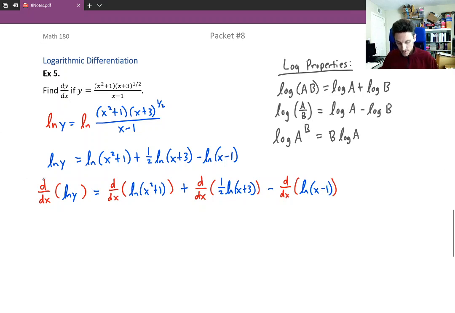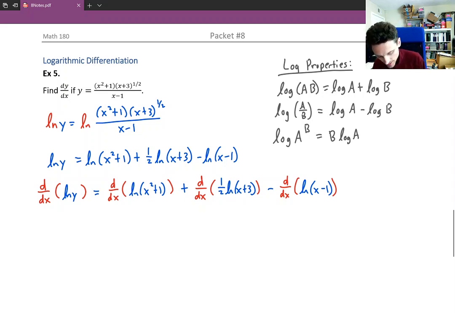Now the first derivative that we have to take is the derivative of ln y with respect to x. Here, y is implicitly a function of x. So this is a function inside of the natural log function. We're going to have to use the chain rule. So when we use the chain rule, we're going to take the derivative of the outer function, which is the log. Remember that the derivative of log of x is 1 over x.